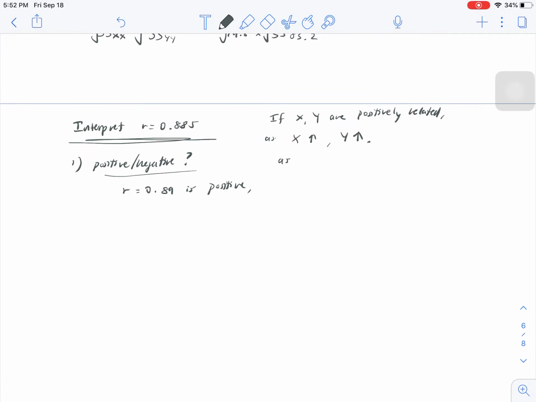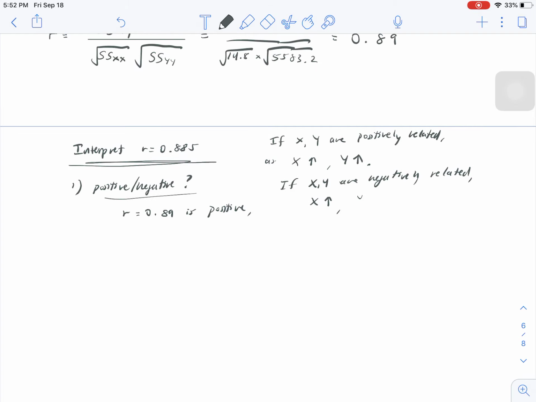Or, in other words, as x decreases, y will decrease. Basically, if two variables are positively related, they move in the same way. As one goes up, so will the other. If x and y are negatively related, if the correlation coefficient is negative, that means that they move in opposite directions.